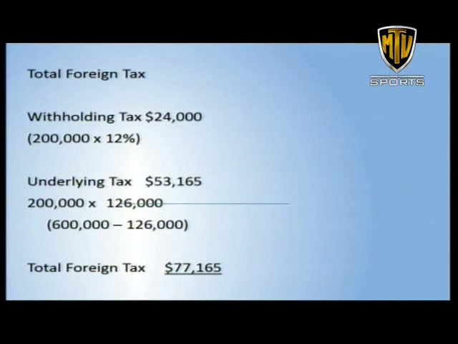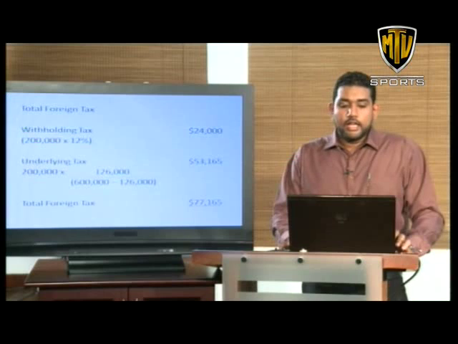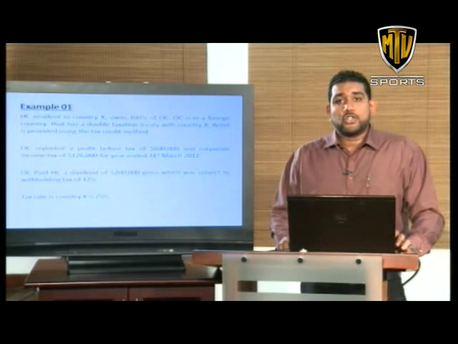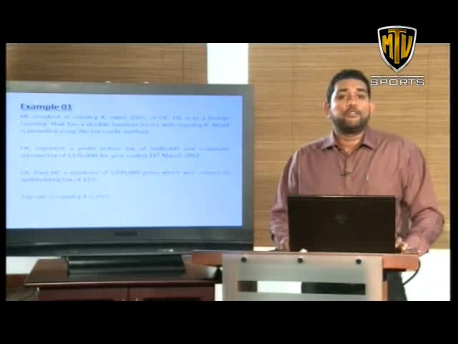Total foreign tax. As we said, total foreign tax comprises two elements, withholding tax and the underlying tax element. The gross dividend amount is 200,000. On this gross dividend, there is a withholding tax of 12%.